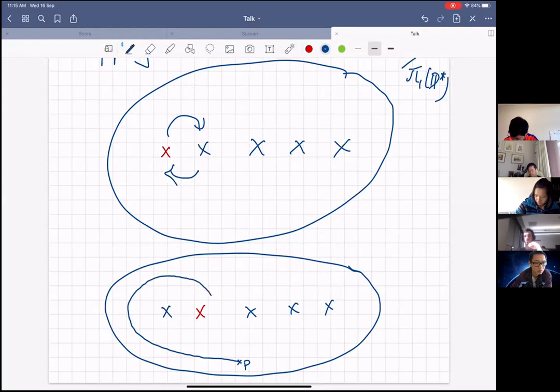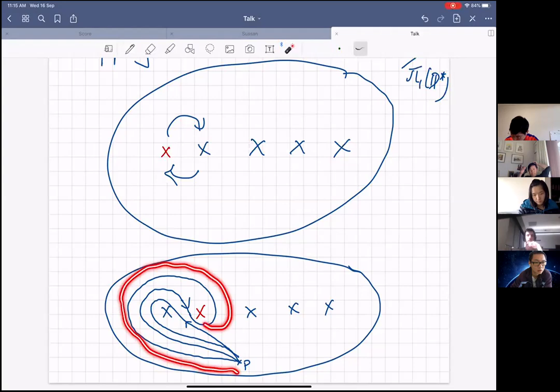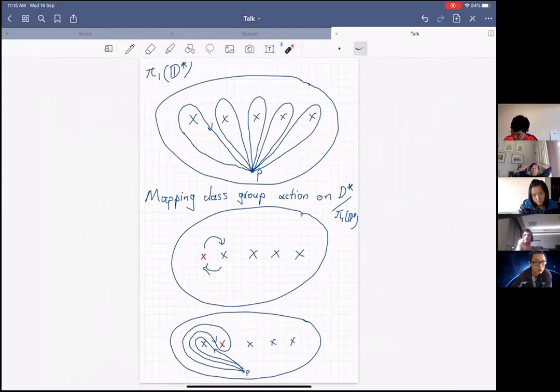So the homology surrounding this will become like this, and the other one will become like this.